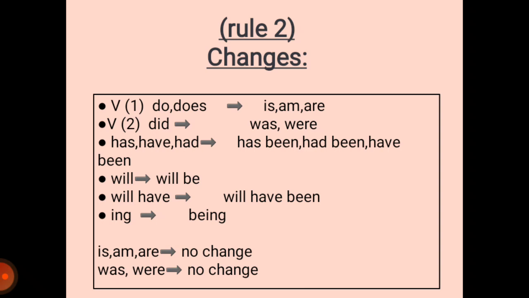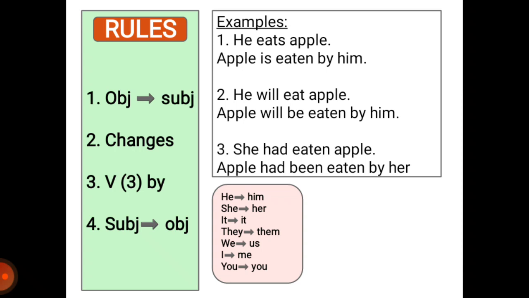There are last two lines: is, am, are, was, were. If is, am, are, was, were is written in any active voice, there will be no change. I have told you all these rules by which you can convert any active voice into passive voice. Now let's practice how to convert them.